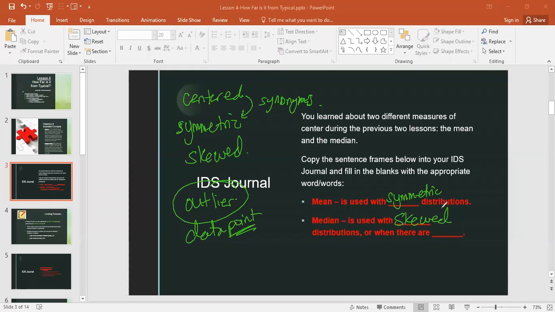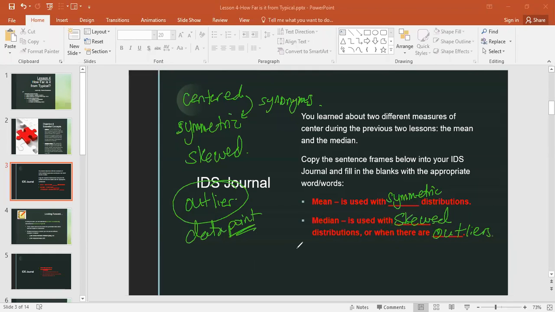So skewed and symmetric. Well done, Katie. Skewed and symmetric are types of distributions. They are essentially the different ways that distributions can be, the different visual representations, right? So the median is used with skewed distributions or when there are outliers.